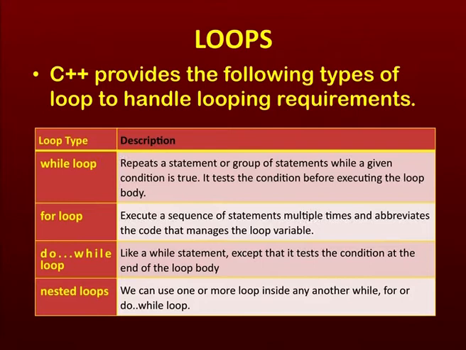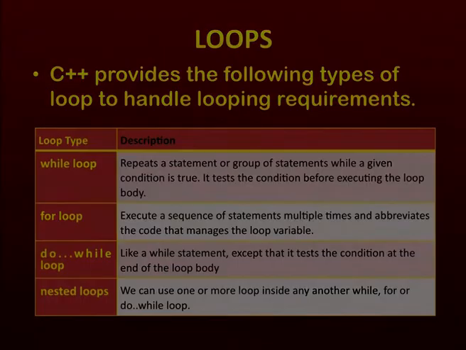It executes a sequence of statements multiple times, and the code that manages the loop variable is always checked before that. Then is the do while loop. Like a while statement, except that it tests the condition at the end of the loop body. Then is nested loops. We can use one or more loops inside any other while, for or do while loops.